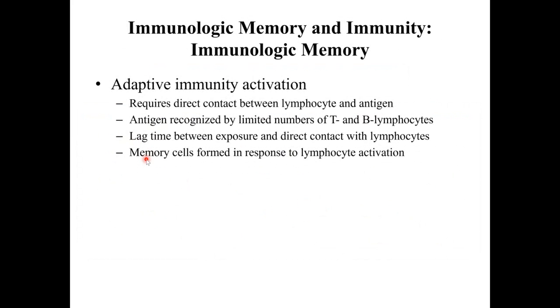So it does require direct contact. I've mentioned that. Limited numbers of T and B lymphocytes. Only so many of them are going to be able to recognize the antigen, and then there's this lag time where this all takes time. First, the naive lymphocyte has to encounter the antigen. Then it's got to find the right receptors that are going to help it make antibodies.